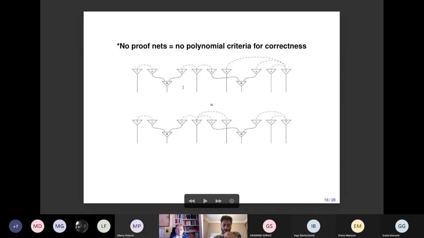These are two proof nets associated to two derivations, and you can see that the only thing I change is that this gate here in one proof is associated to the last true on the right, and in the other it is associated to the second true in the proof net.